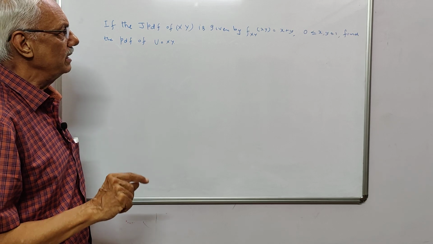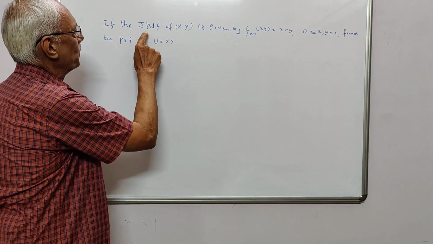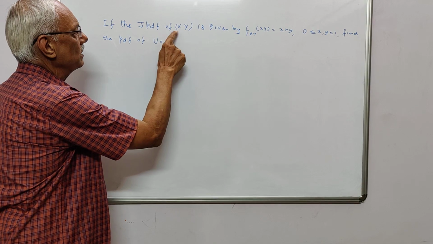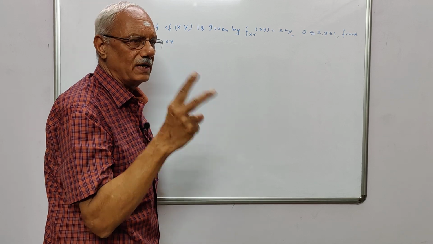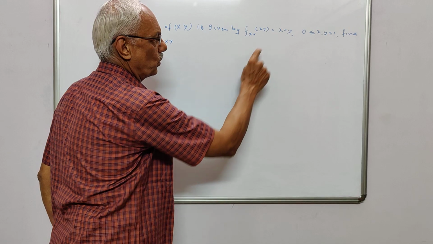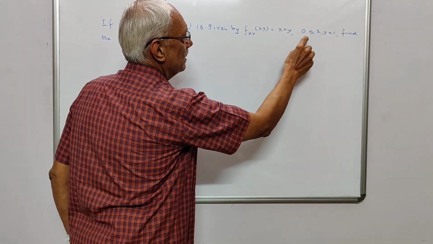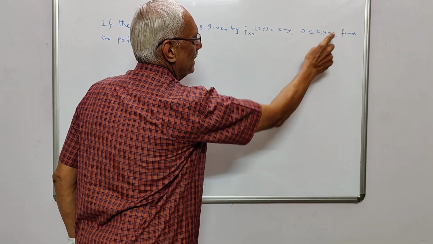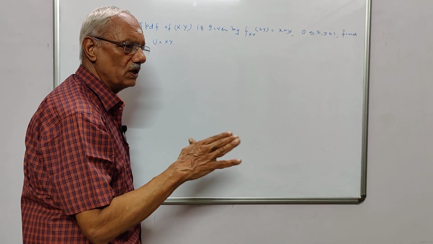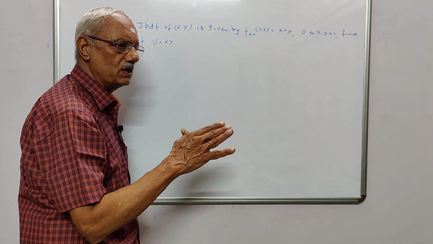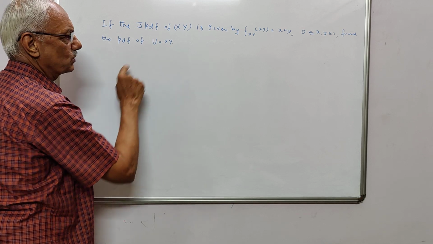Here I will explain this problem again. This is a problem in which you are given the joint probability density function of two random variables x and y as x plus y, and this probability density function is defined in the interval 0 to 1, in the sense x and y take values in the interval 0 less than or equal to x less than or equal to 1 and 0 less than or equal to y less than or equal to 1, and a function u is equal to xy is given.